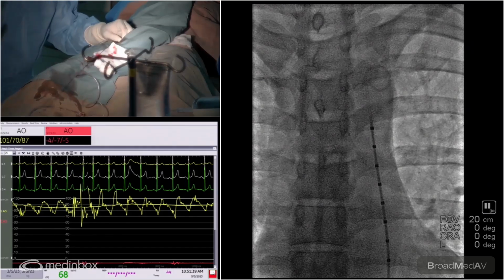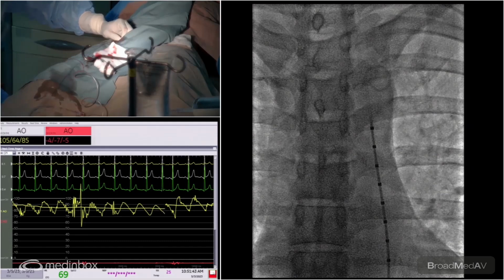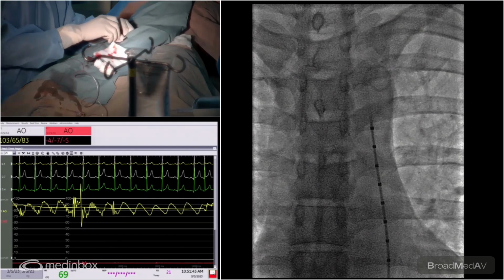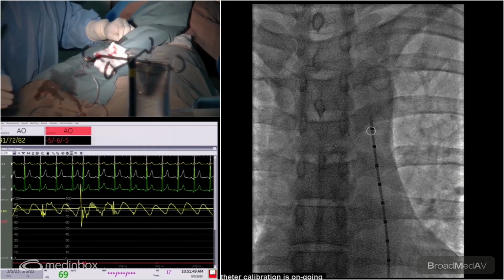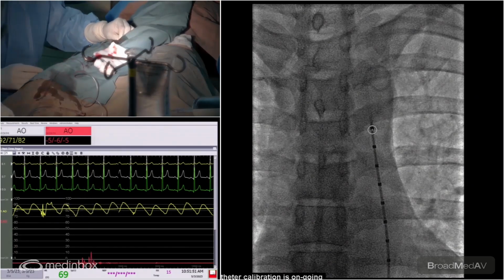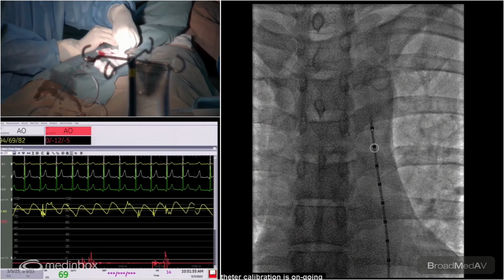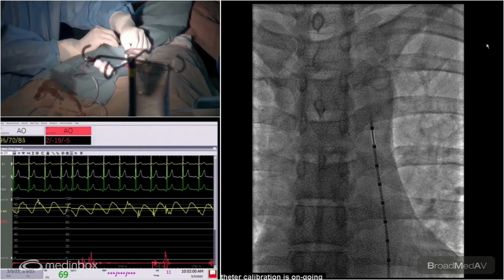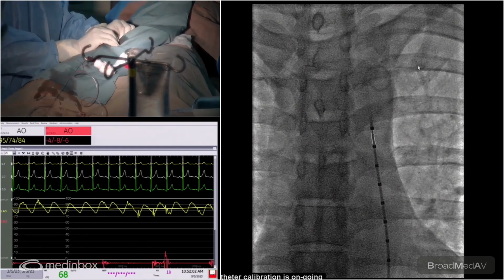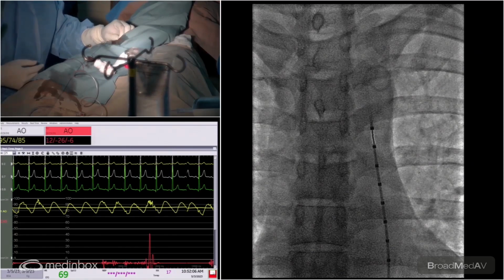You had explained to us the difference between the covered stent and the bare stent, but when do you think we should absolutely use only a covered stent and not a bare stent?